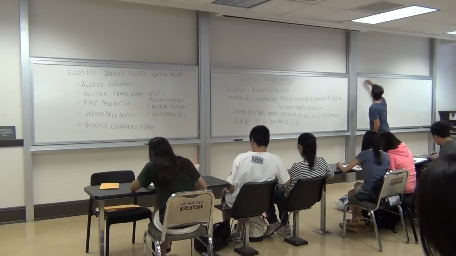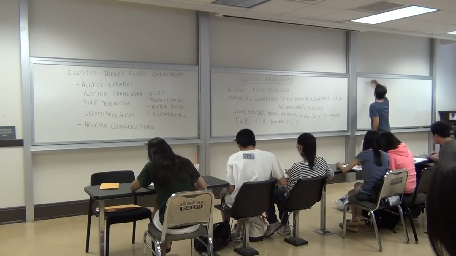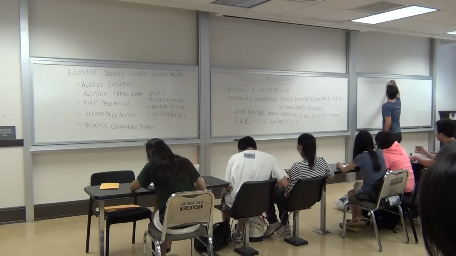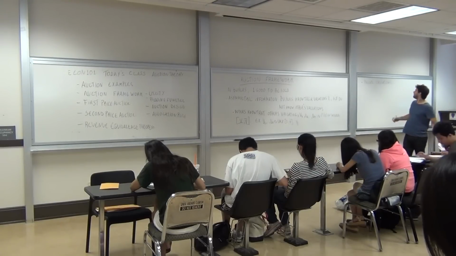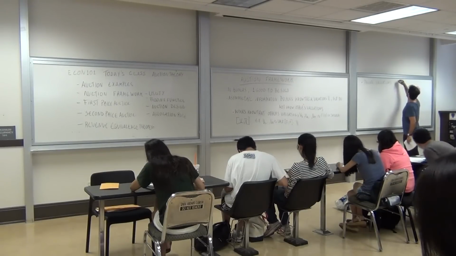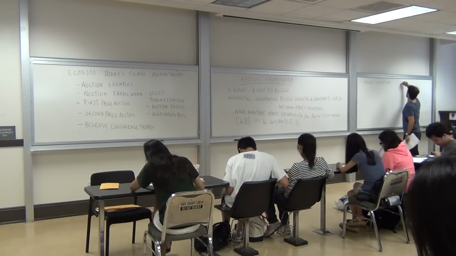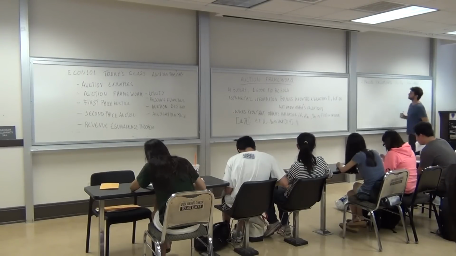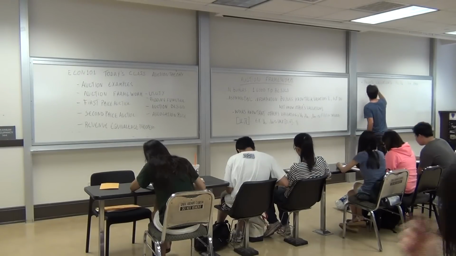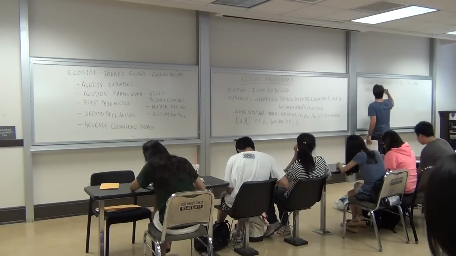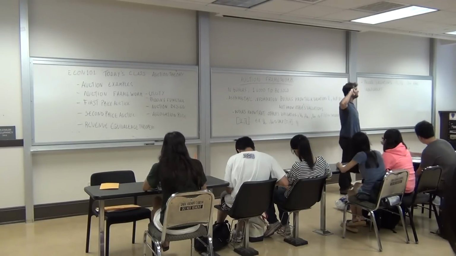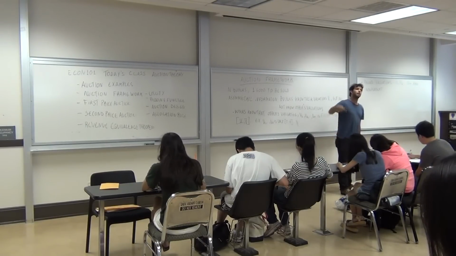We also assume that you have private valuations, which means that those valuations, v_1 is the valuation bidder number 1 has, v_2 is the valuation bidder number 2 has, and v_n, are independent of each other and identically distributed.